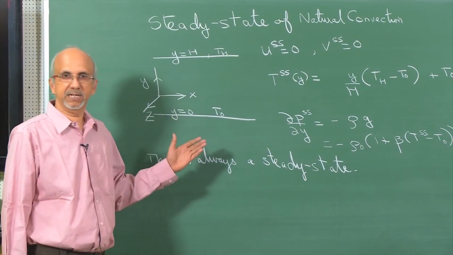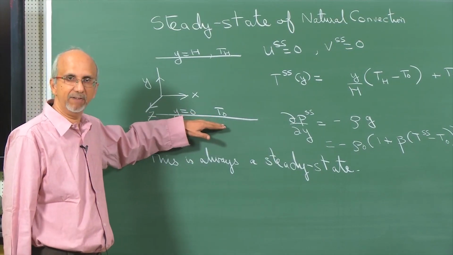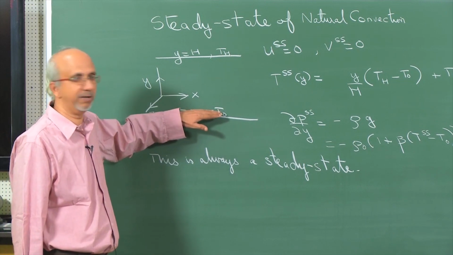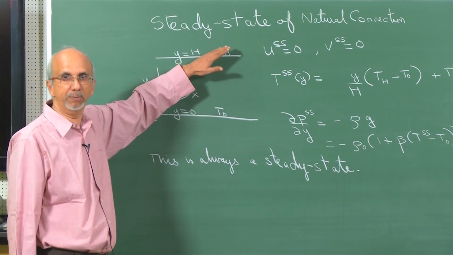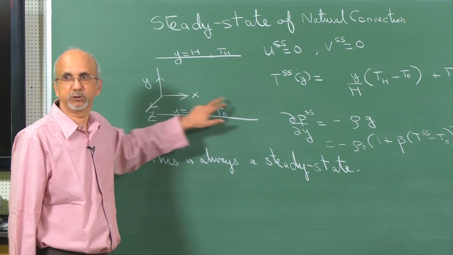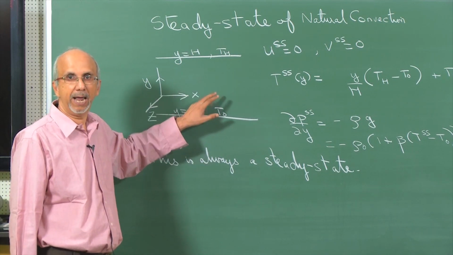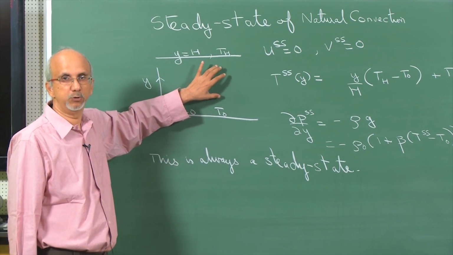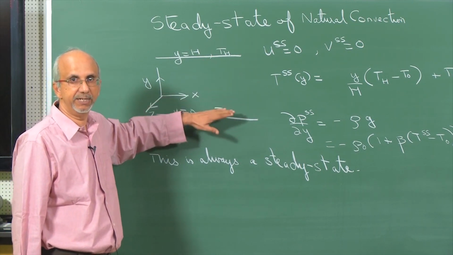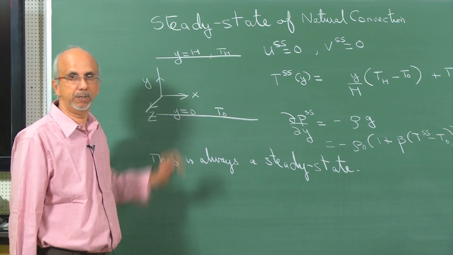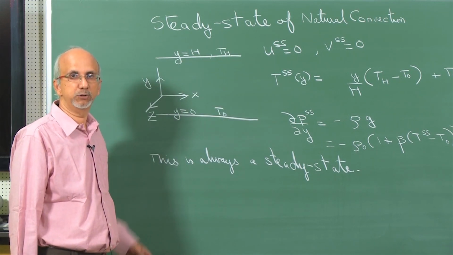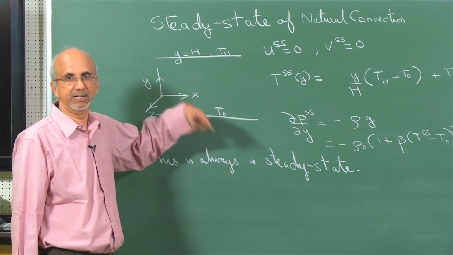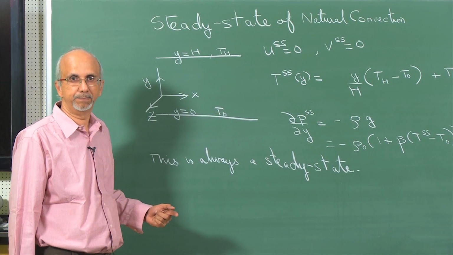Like we discussed in the last class, for sufficiently high values of temperature the buoyancy forces are going to dominate and convection is going to start kicking in, and the quiescent fluid, the stationary fluid, is no longer going to be able to sustain the heat transfer from the bottom plate to the top plate. Our job is to find out the point at which the convection is going to get initiated.